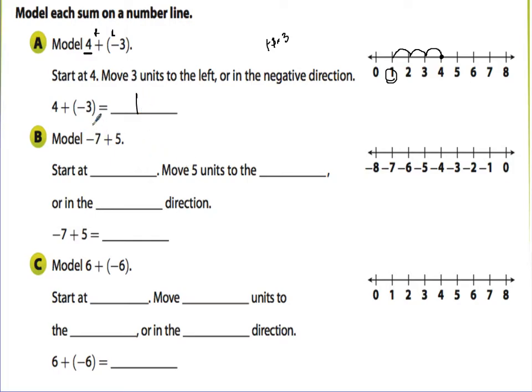Same idea here. So I start this time at negative 7. And I'm adding, so I'm going to the right, a positive 5. So there's no negative to undo it. So I start at negative 7, and I'm going to move 5 units to the right.